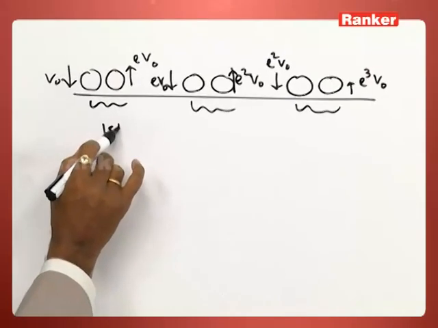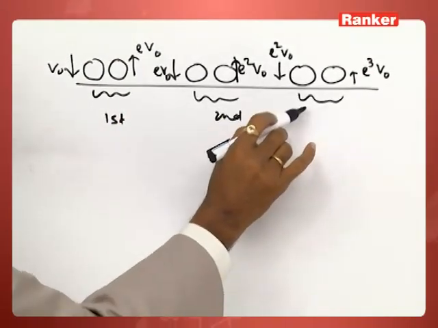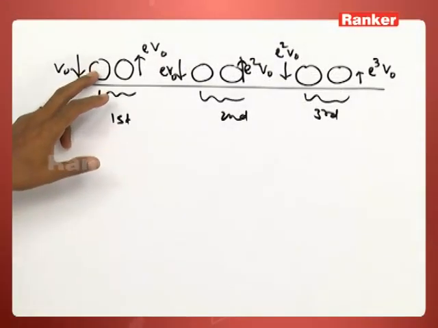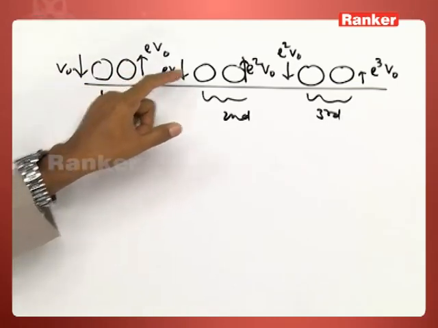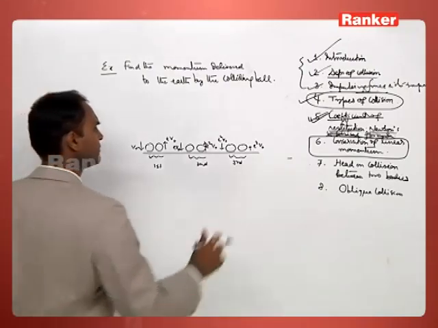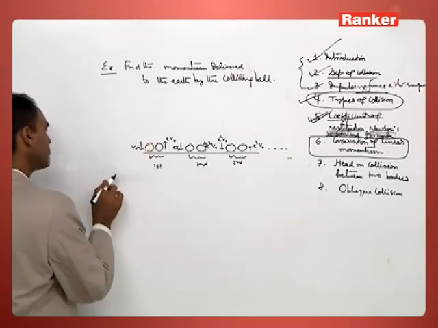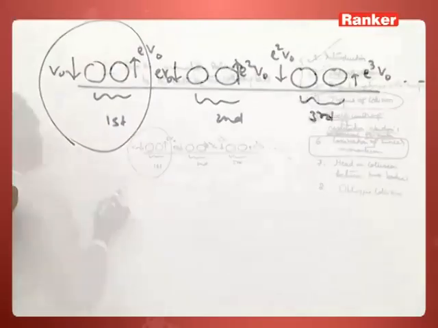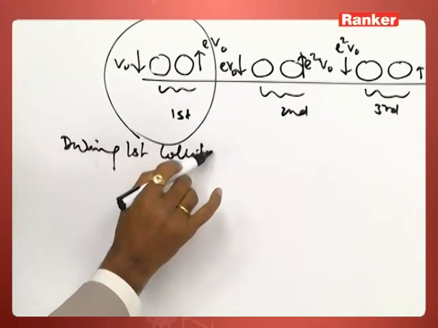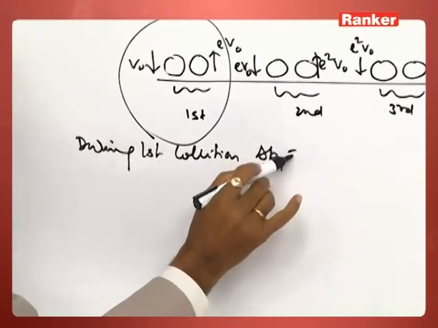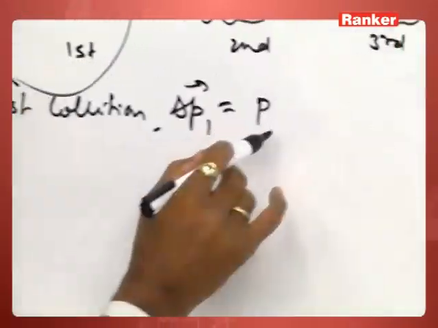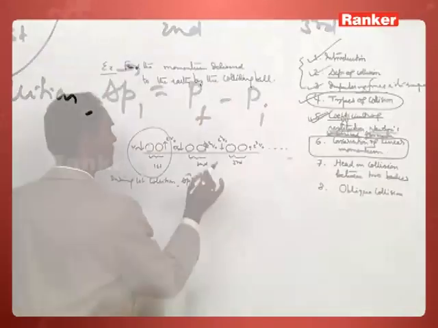This is the first collision, this is the second collision, the third collision, and I have mentioned the velocity of the ball just before and after the impact or collision. And this will continue. To start from this first collision: during the first collision, change in momentum of the ball is equal to final momentum minus initial momentum.